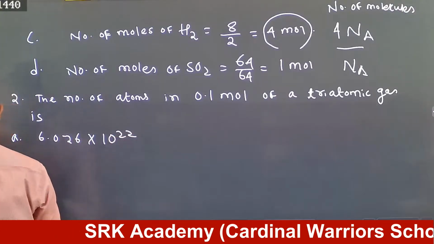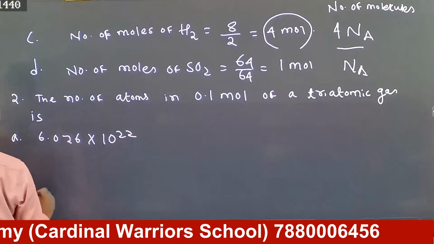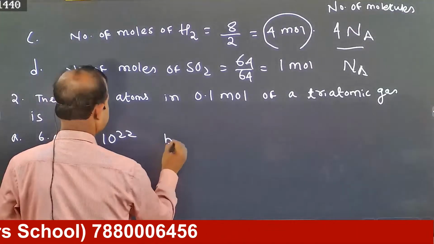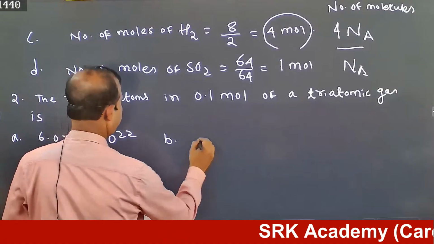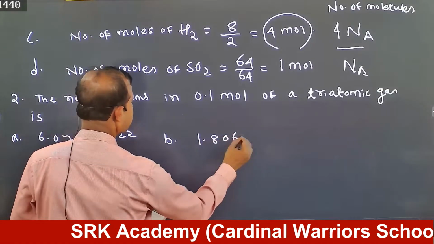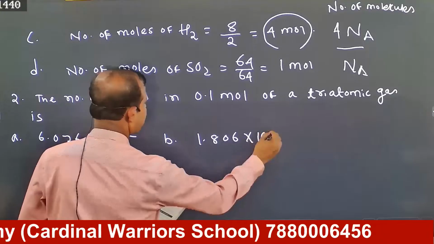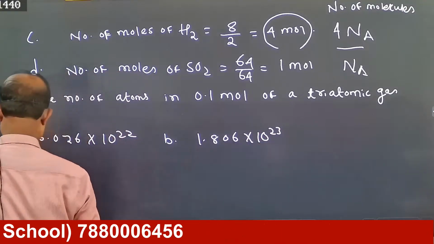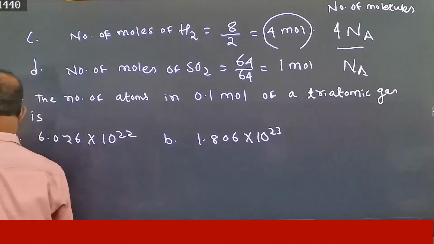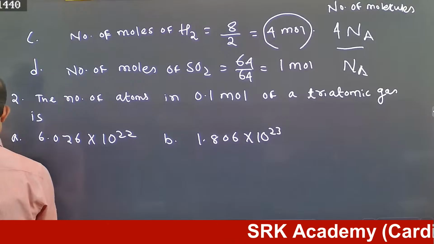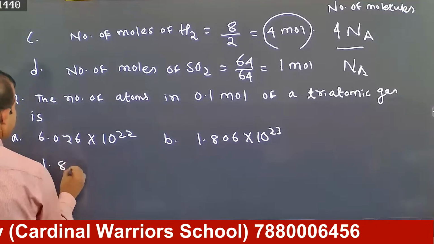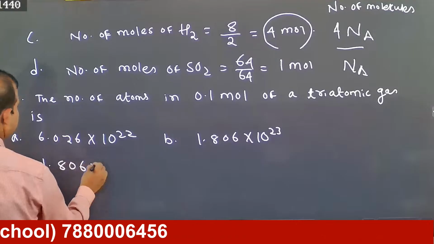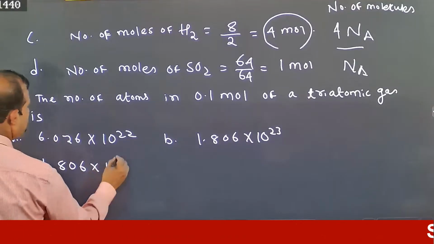Option B is 1.806 into 10 to the power 23. Option C, 1.806 into 10 to the power 22.